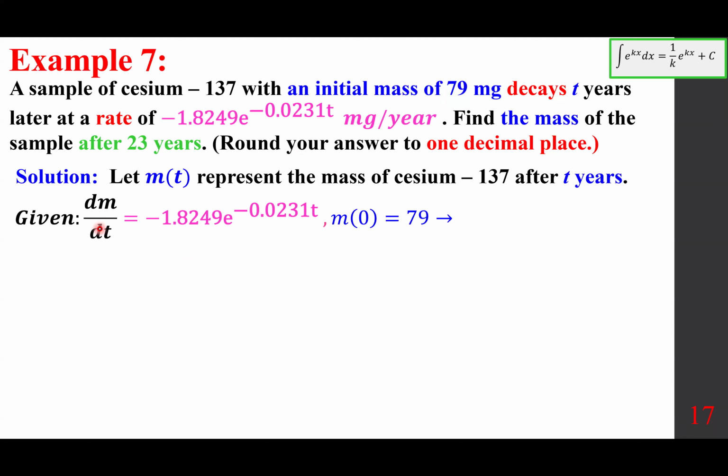And so what do we do? We go through the process of anti-differentiation, integration, to find m of t in general, and then we just plug in 23. So this part is the easiest part. First find m of t, then plug in.